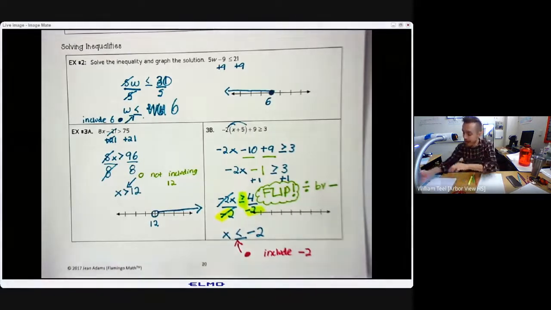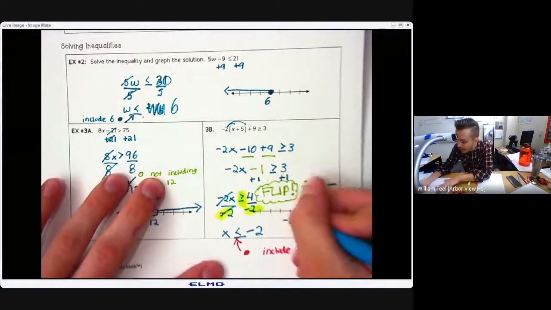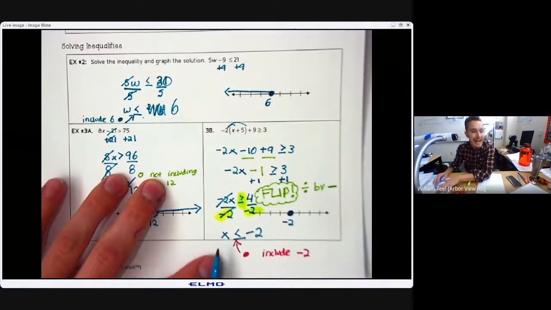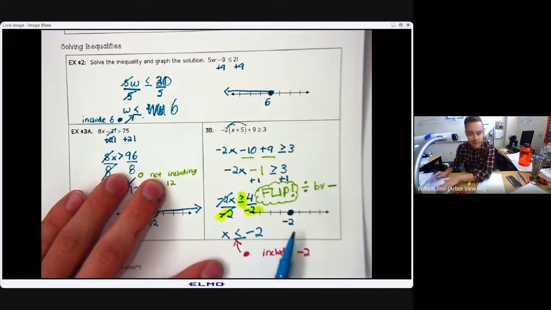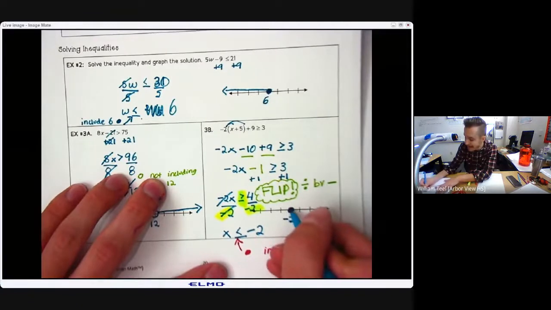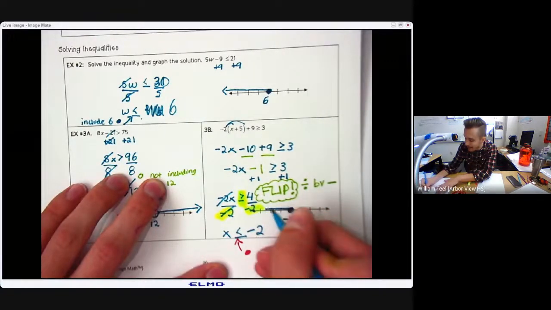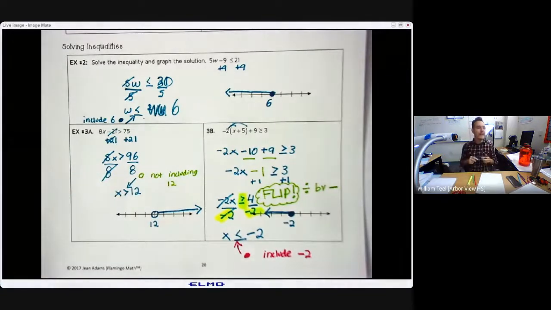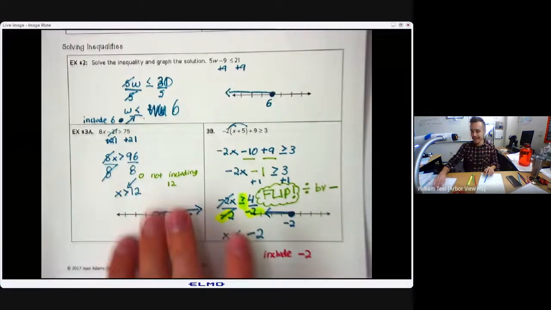So on your graph, go ahead and put -2 down here. We're going to put a solid dot at -2 because we are including it. X can be anything that is less than or equal to -2. So all of the possibilities for x are going to be down that way, okay? So always be very careful when you divide by negatives, please.